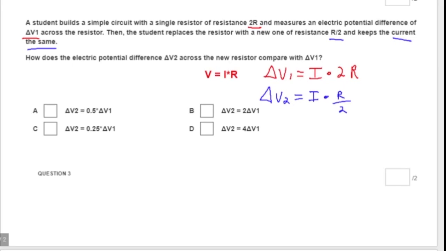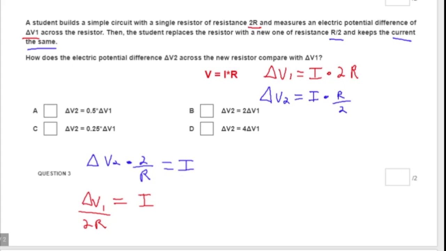So instead of setting these equal to each other right away, we need to do some manipulation. The variable that's the same in this case is current. So we need to solve for current on both of these. If I solve for current in my blue equation, I get delta V2, I divide R over 2 over to the other side, so I get times 2 over R is equal to I. And then I manipulate my other equation, where I get delta V1 divided by 2R equals I. Now that these I's are equal to each other, I can set them equal.